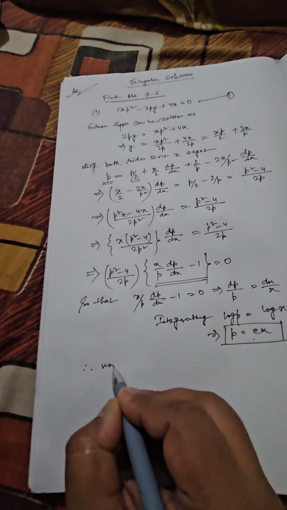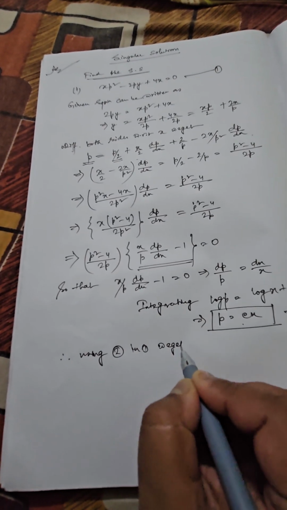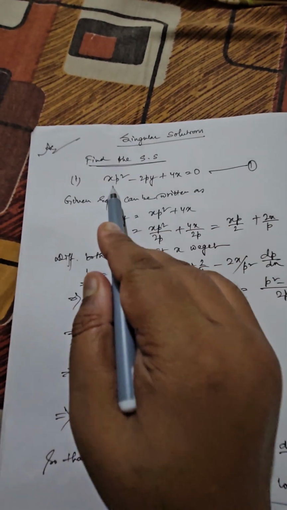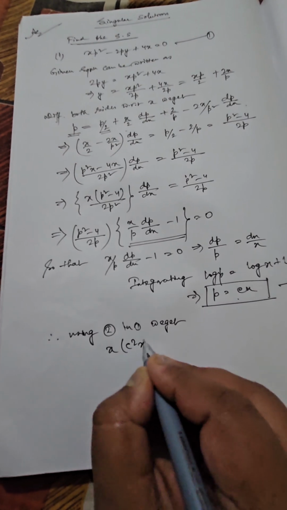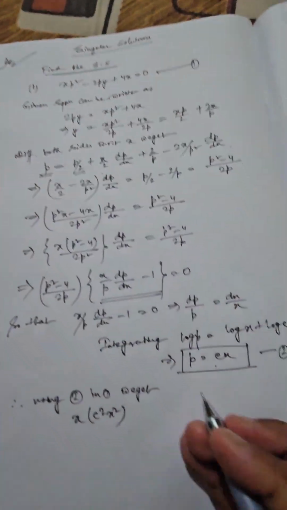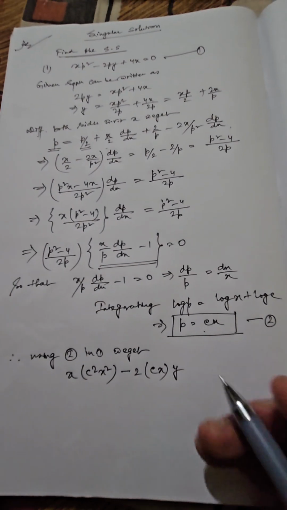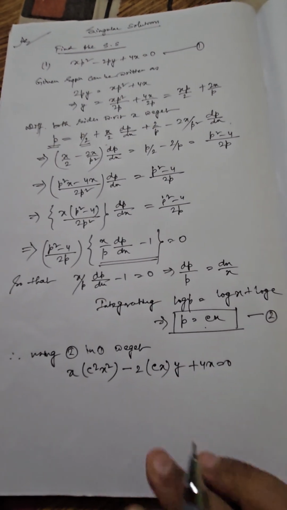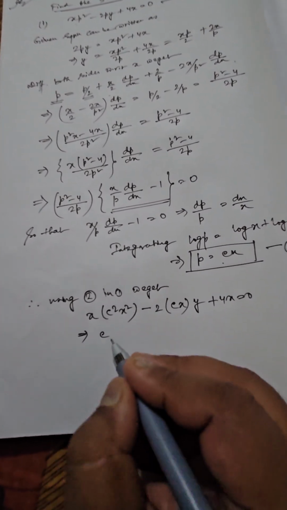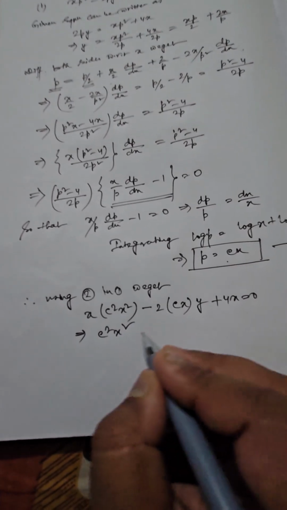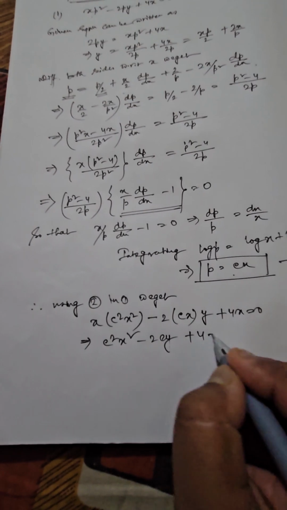So using 2 in 1, we get x p square, meaning c square x square, then minus 2py, minus 2cx into y, plus 4x. So from here you will get c square x square minus 2cy plus 4.